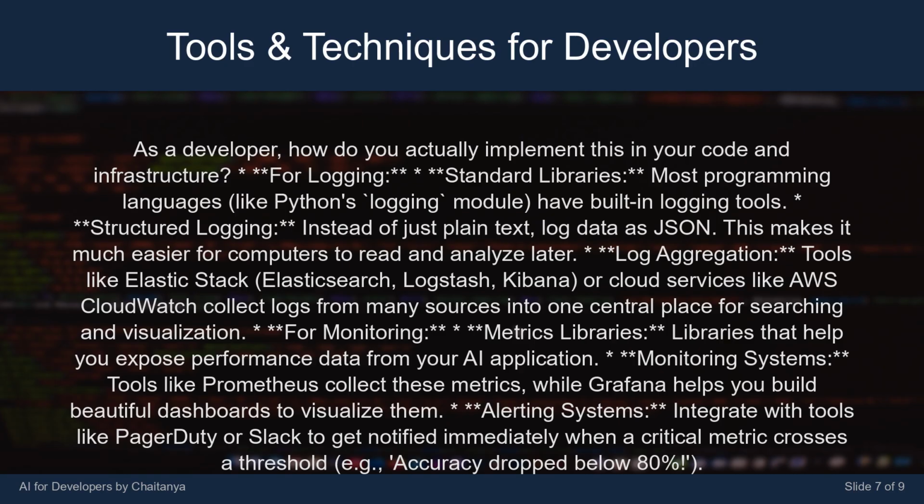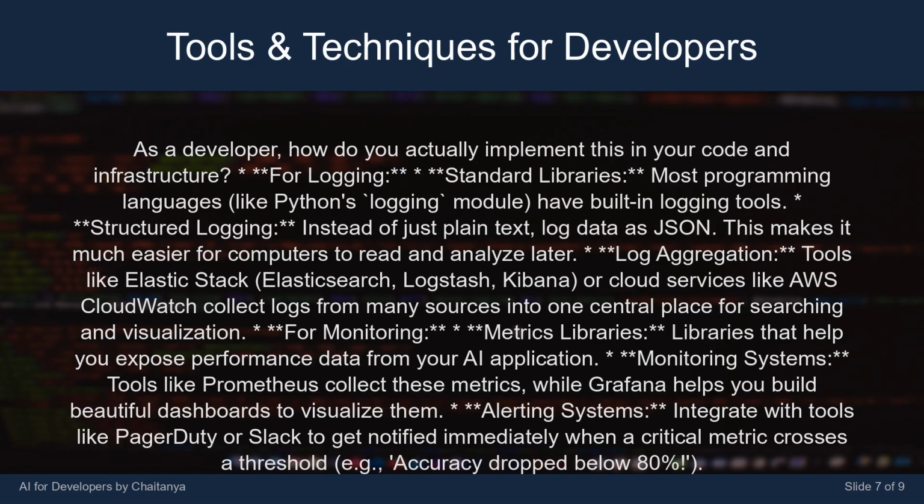This makes it much easier for computers to read and analyze later. Log aggregation. Tools like Elastic Stack, Elasticsearch, Logstash, Kibana, or cloud services like AWS CloudWatch collect logs from many sources into one central place for searching and visualization.